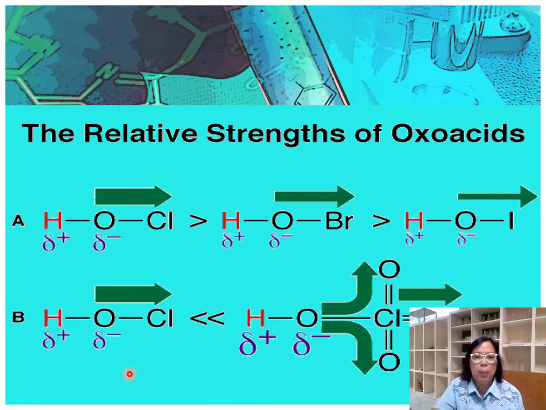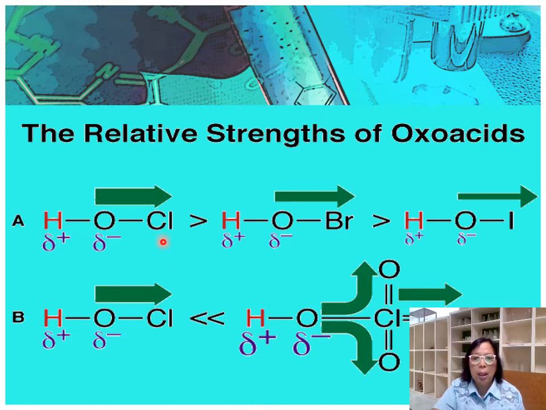Okay, this is just simply an arrangement of the strength of oxygen-containing acids or the oxoacids. So the Cl, if you're going to remember your periodic table, the arrangement with different halogen, F, Cl, Br, I, right?